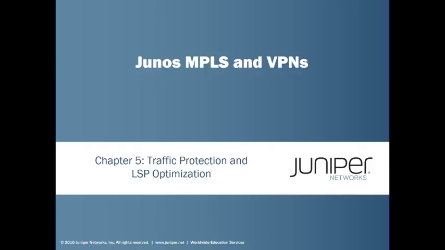So we can protect against link failures in between 2 different points, and a CSPF algorithm can calculate an alternate path and reroute traffic around the failure very, very quickly. So what I want to do today is take a look at some of the mechanisms that are available to protect against those types of failures.